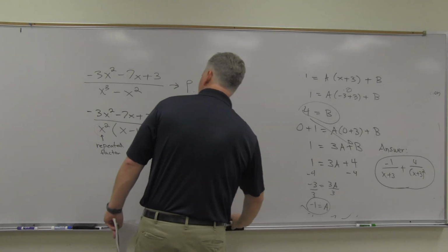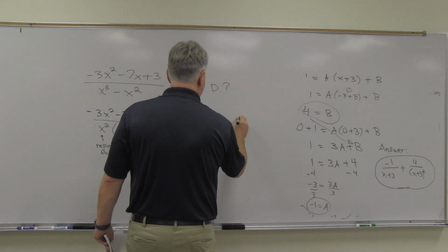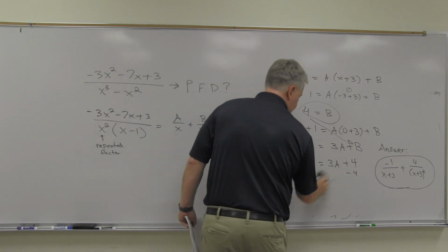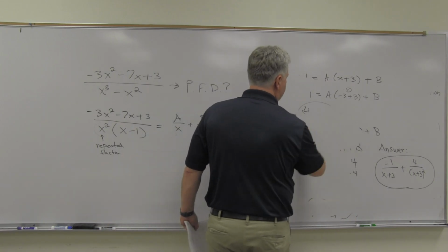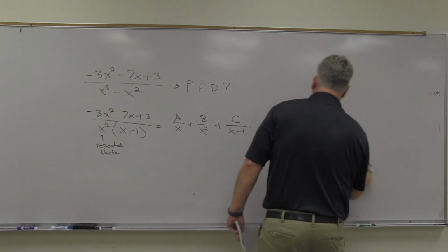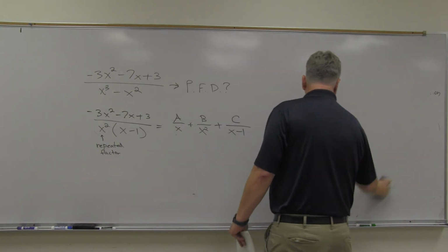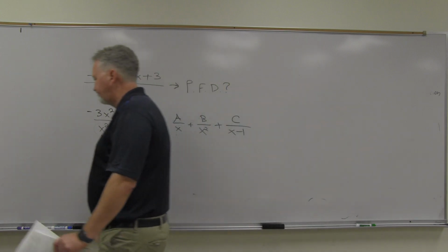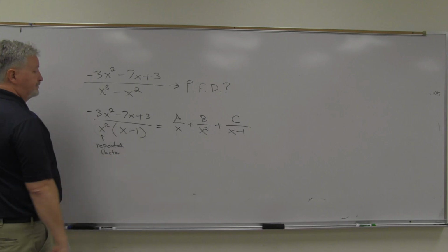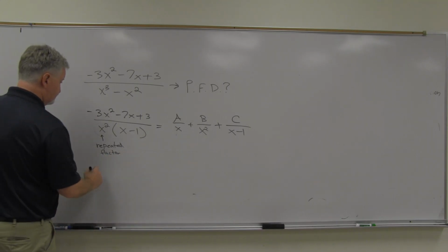Then I've got a third one, so I've got to have a C on this one. So this one's got 3 parts. It said 2 or more, so sometimes you'll have more than 2. Is everybody good?